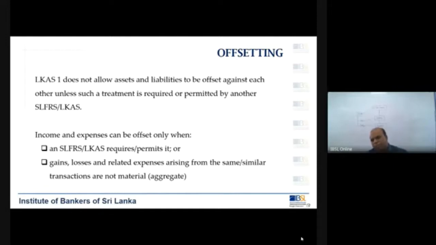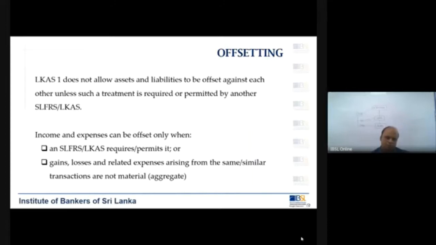When you dispose asset B, you have a loss of 20,000. Now in financial statements, you don't need to provide this as two separate items, where you will show profit on disposal of assets as 50,000 and loss on disposal of fixed asset as 20,000.